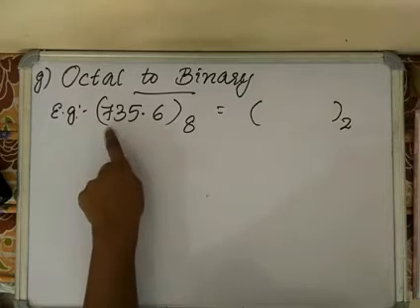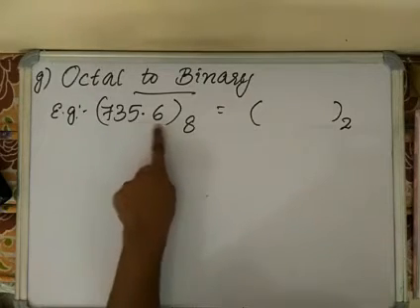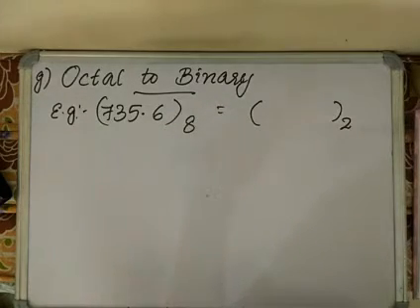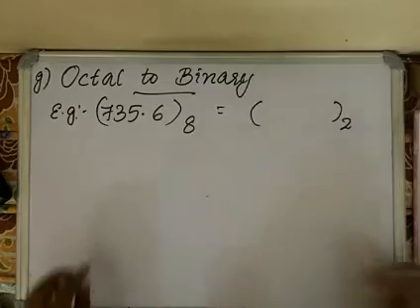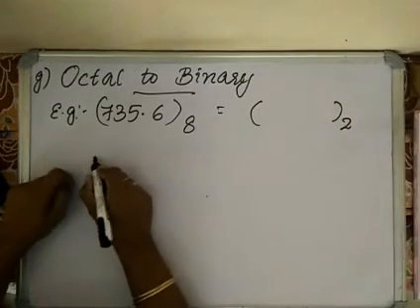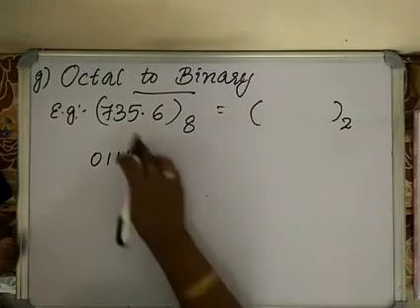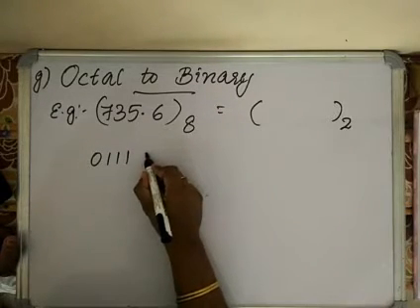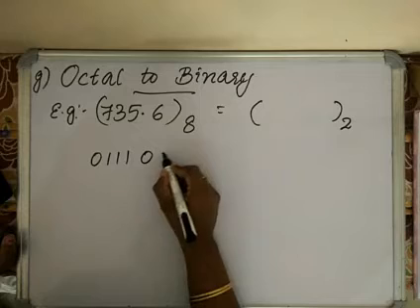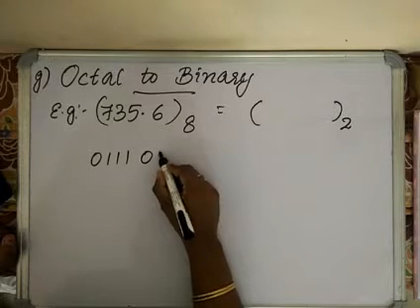Here we have 7, 3, 5 and 6 as the octal digits. We have to find the equivalent binary digits of each octal digit. So here we know that 7 can be represented in binary as 0111. Then 3 can be represented as 011.